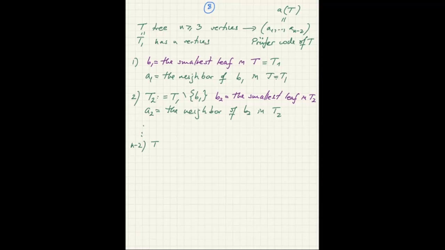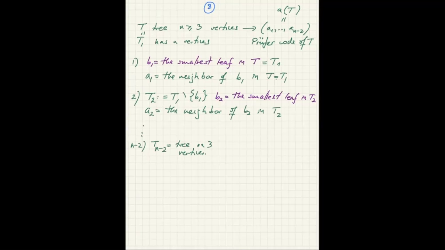T2 has n-1 vertices. And if you go like this, you end up with Tn-2. It's a tree on 3 vertices obtained in this fashion.